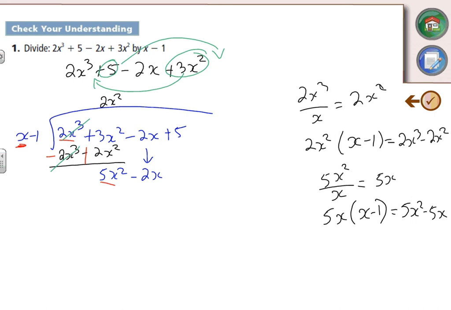Bring that underneath. 5x squared minus 5x. For subtracting, change both signs. And now we can just add. Those negative 2x and a positive 5x leaves us with a positive 3x. Bring down your next term. Divide.